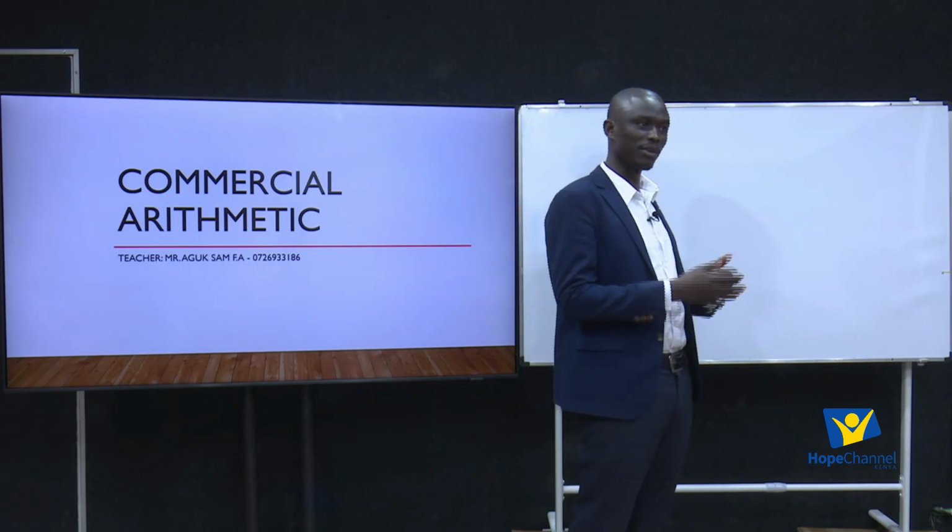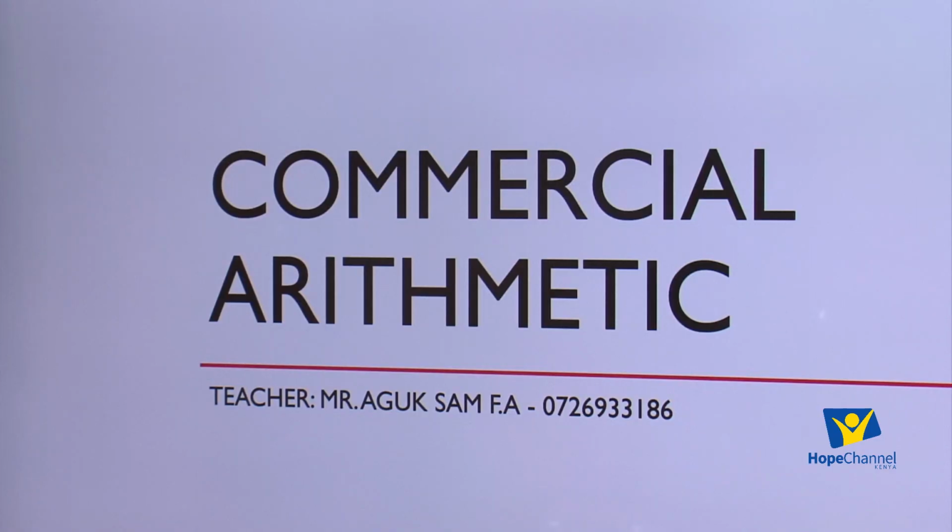We have commercial arithmetic 1 as well as commercial arithmetic 2. Commercial arithmetic 1 is done in Form 1, while commercial arithmetic 2 is done in Form 3. So we will be going through the whole of commercial arithmetic, that is the contents for Form 1 as well as the contents for Form 3.